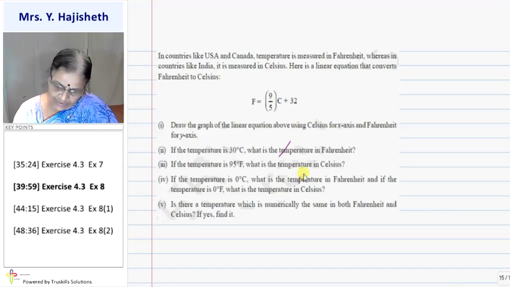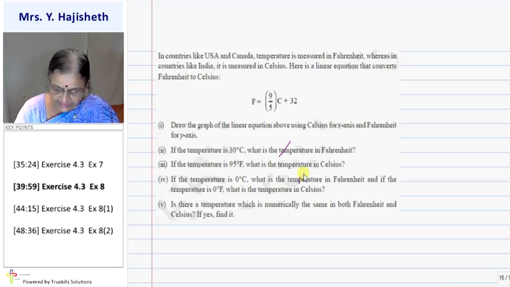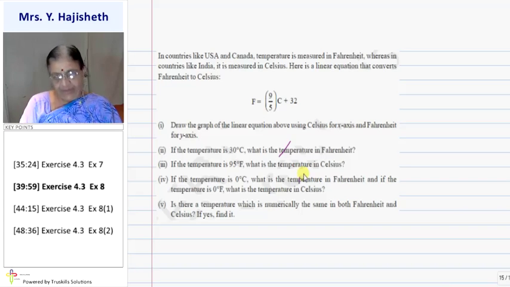तो आपको ये जो रिलेशन दिया है उसका पहले ग्राफ बनाना है. क्लियर? एंड बाद में ग्राफ बनाने के बाद यूजिंग सेल्सियस फॉर एक्स एक्सिस एंड फ़ारेनहाइट ऑन वाई एक्सिस, वो बोल दिया है. इफ द टेम्परेचर इज 30 डिग्री इन सेल्सियस, व्हाट इज द टेम्परेचर इन फ़ारेनहाइट फ्रॉम ग्राफ. एंड इफ टेम्परेचर इज 95 डिग्री फ़ारेनहाइट, व्हाट इज द टेम्परेचर इन सेल्सियस, दैट ऑल्सो फ्रॉम ग्राफ.